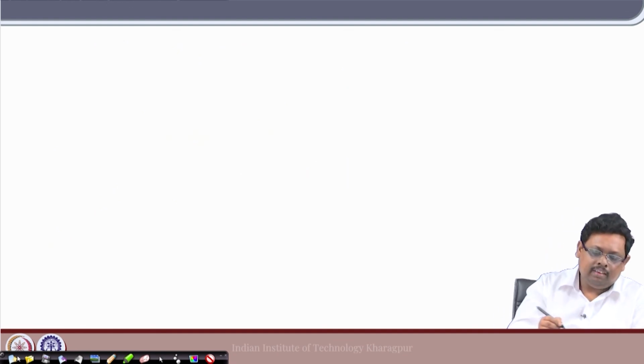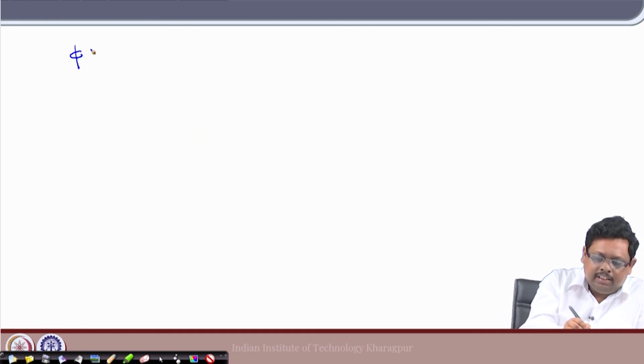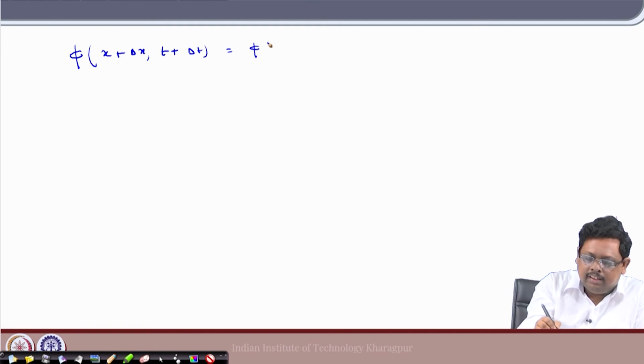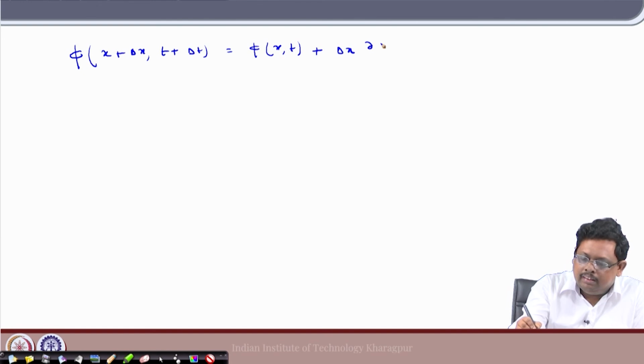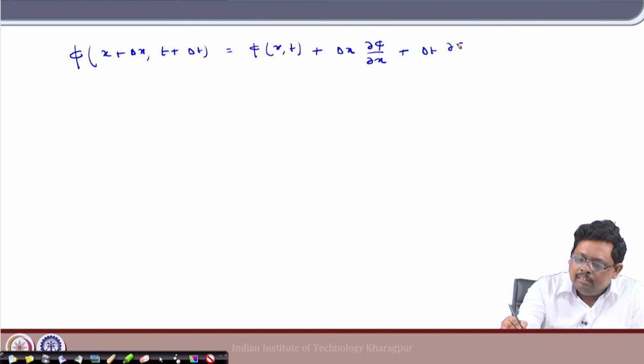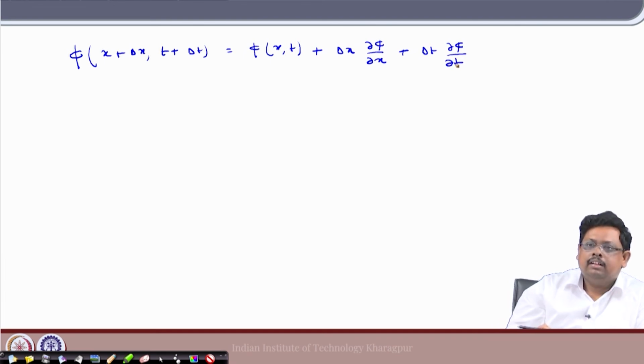Okay. So, now let us do the Taylor's expansion of phi of x plus delta x comma t plus delta t, which equals phi of x comma t plus delta x into del phi del x plus delta t into del phi del t, right.